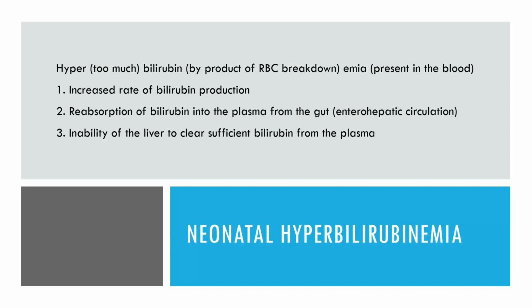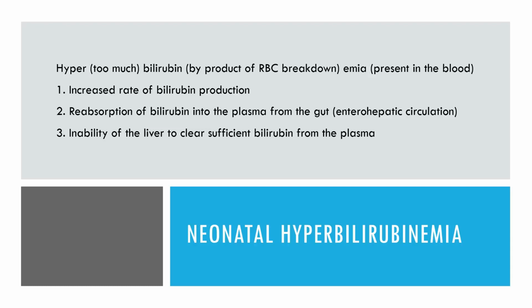And this can result as a result of these three mechanisms. Increased rate of bilirubin production is the first one. And we'll talk more about the different conditions that go under each of these headings towards the halfway, three-quarters way through the PowerPoint, but these are the three main concepts for why you would have too much bilirubin in your blood.